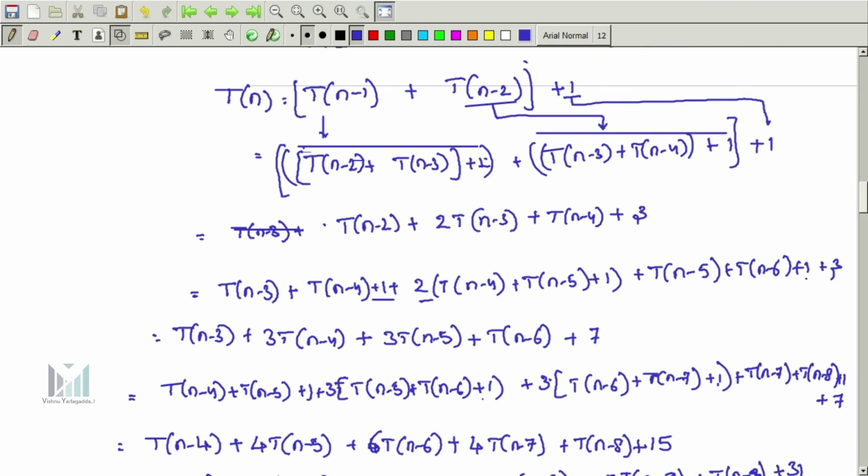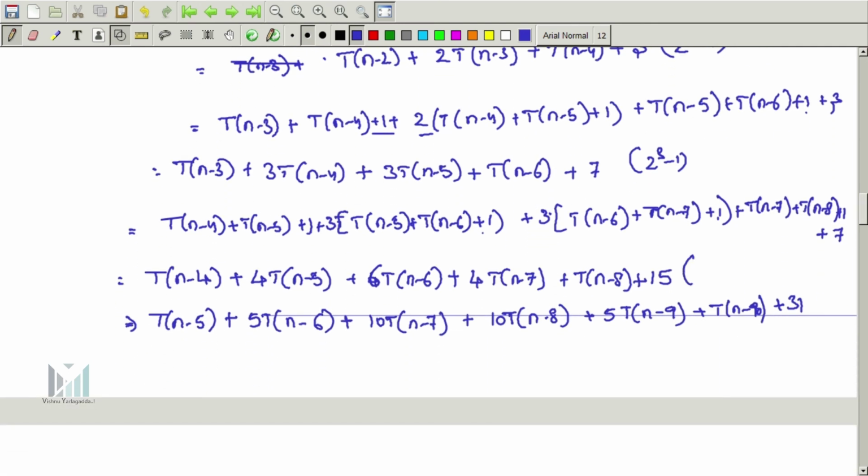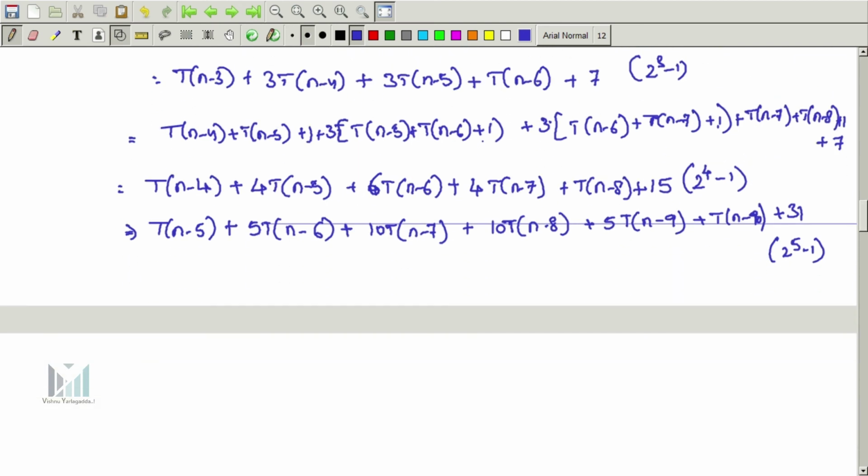See, we can observe this value: initially 1, and now it is 2 square minus 1, then 2 cube minus 1, then 2 power 4 minus 1, then 2 power 5 minus 1, and at some instance it will be 2 power k minus 1.